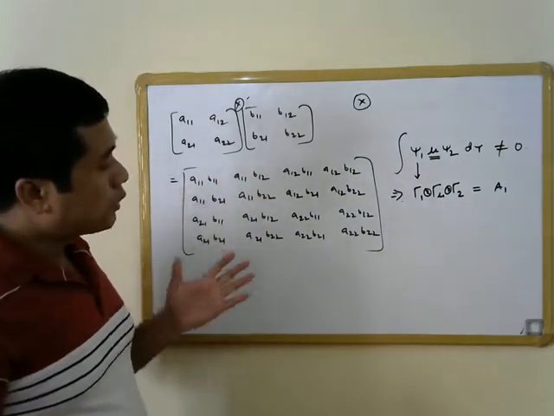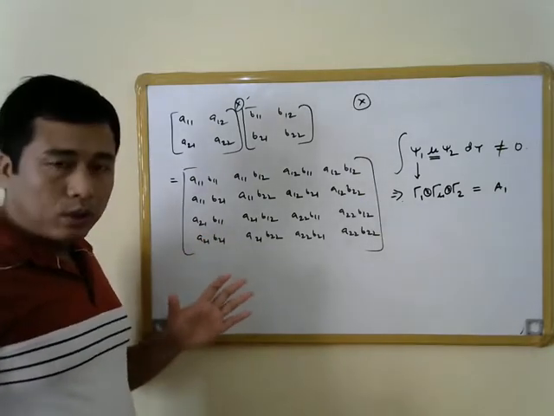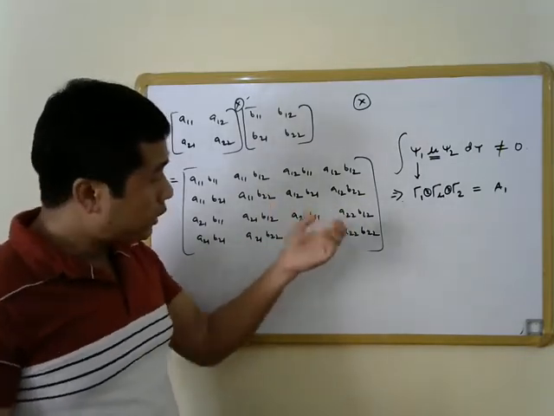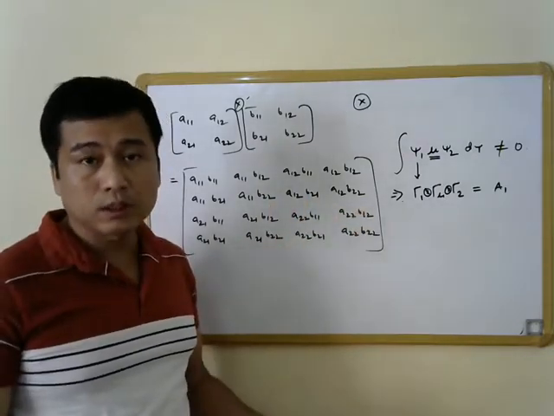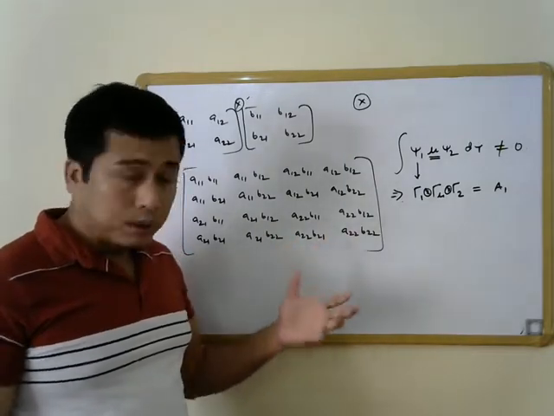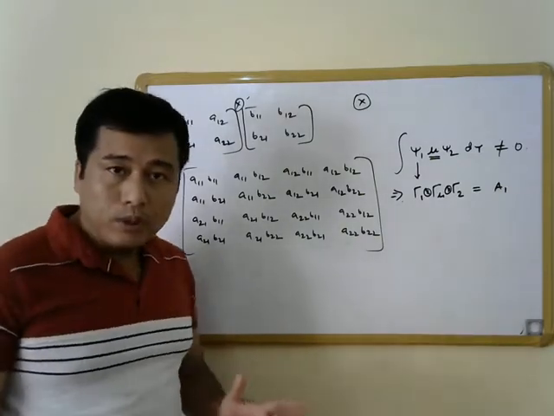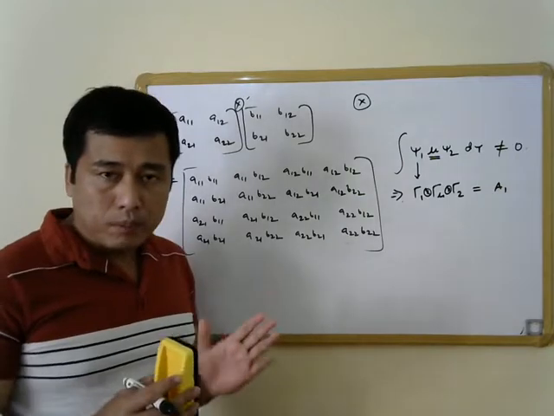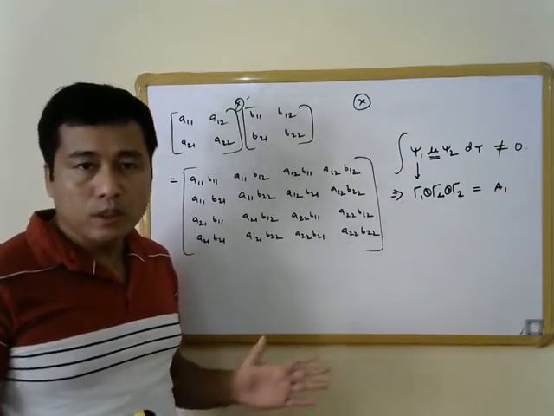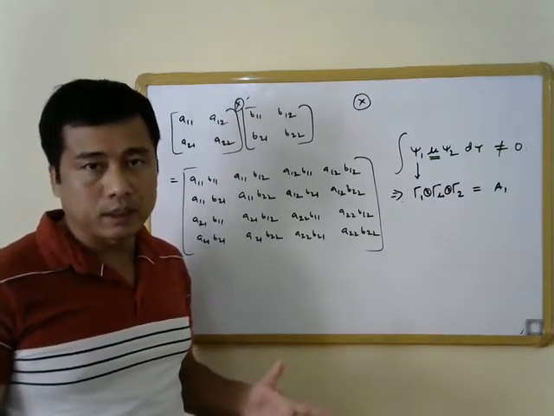Now we should also remember that we know the characters of the matrix representations for different symmetry operations in all the irreducible representations, but we do not exactly know the matrix representations themselves, because we have only derived the characters of these matrices.